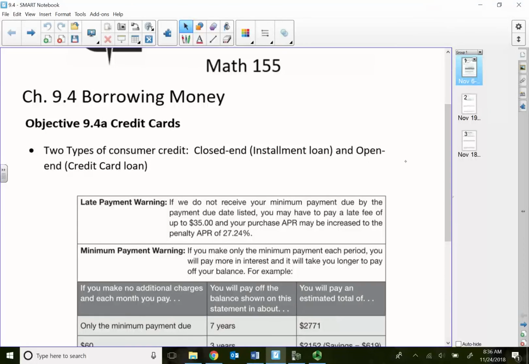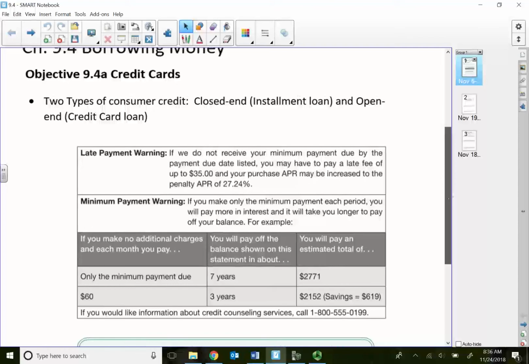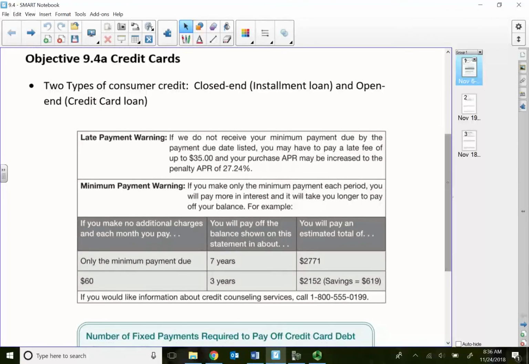Back in 2009, the government put into law that credit card statements now have to tell the consumer not just the minimum payment, but that if you only make the minimum payment, how long it will take you to pay it off and how much you will end up paying.